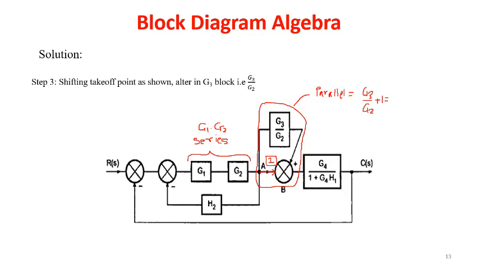That will be equal to, so there will be a replacement of this particular block into this block. This block is going to get replaced here, and we get a replacement of a series block G1 and G2 into this system. Let's see in the next step the replacement.